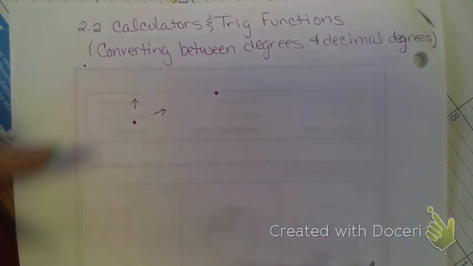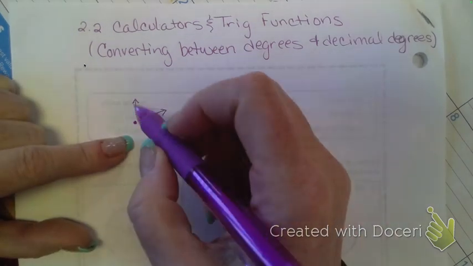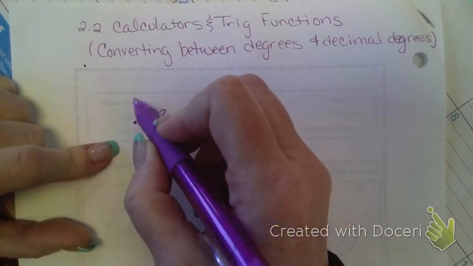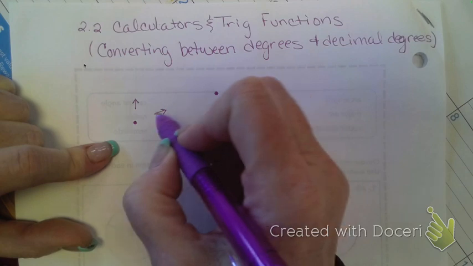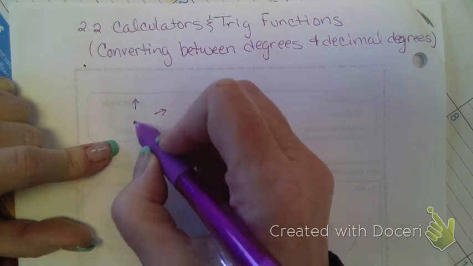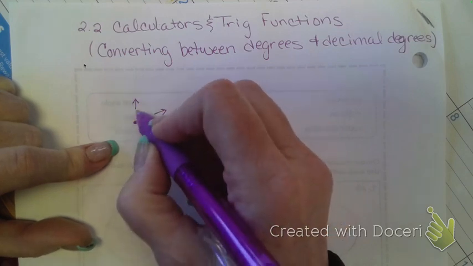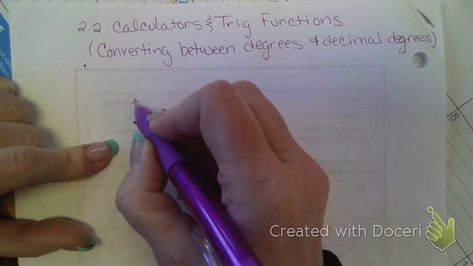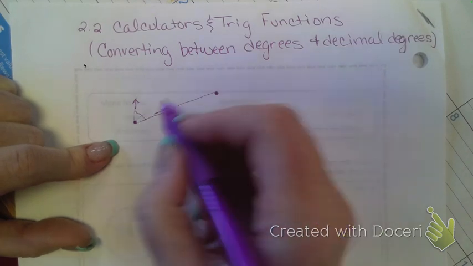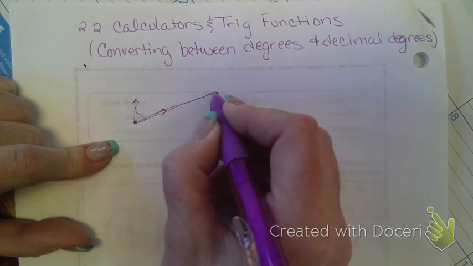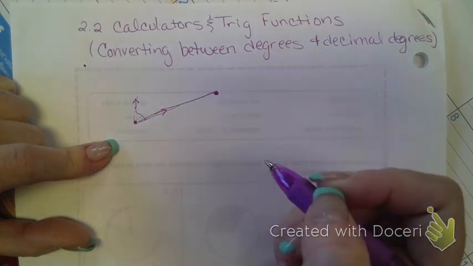If I said go 50 degrees northeast, and I'm not exactly right, am I going to probably hit this point on this piece of paper? Yes.